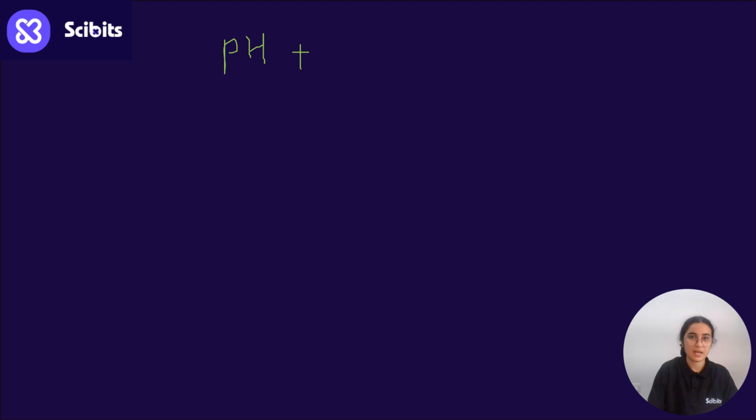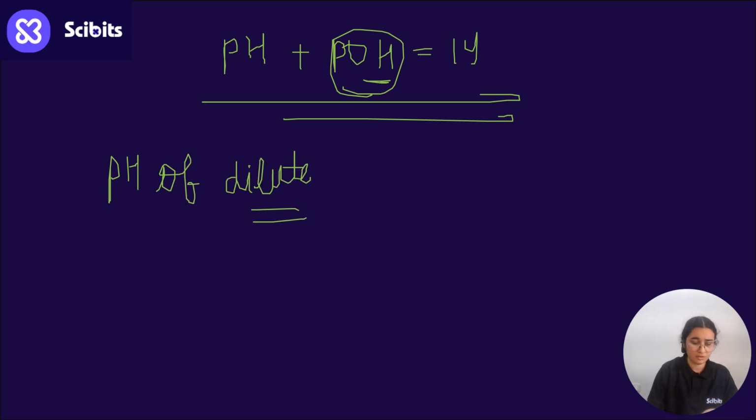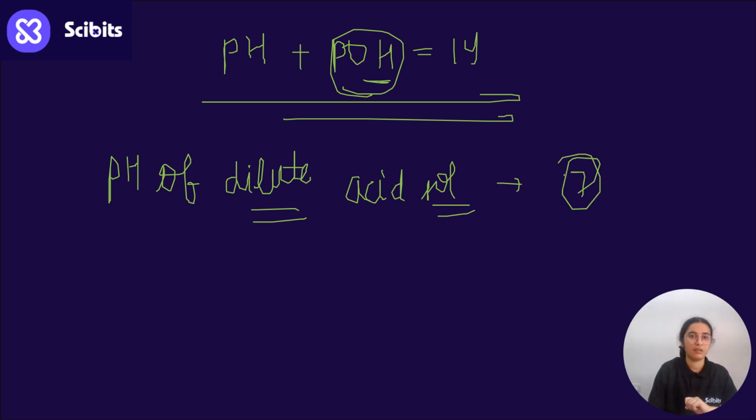And pH plus pOH should be 14. pOH is the negative log of the OH ion concentration. The pH of very dilute acid solutions will be slightly lesser than 7, and the pH of very dilute basic solutions will be slightly more than 7.